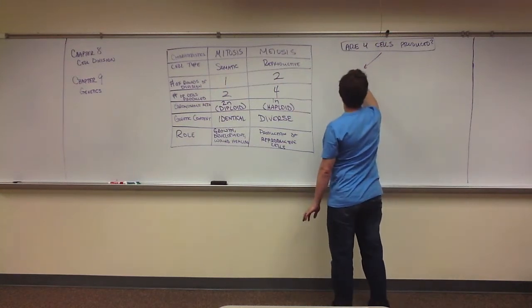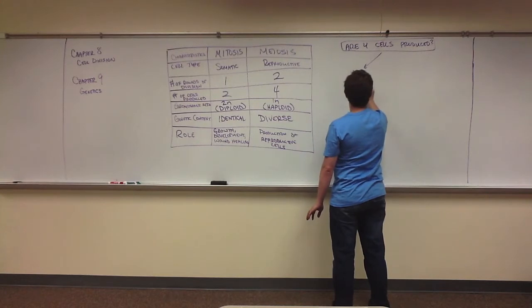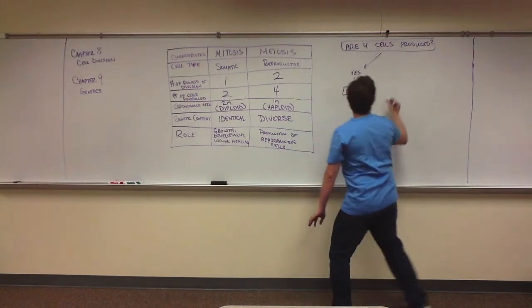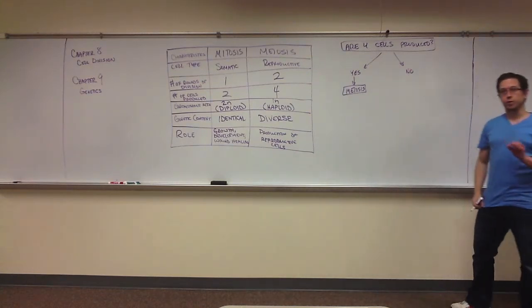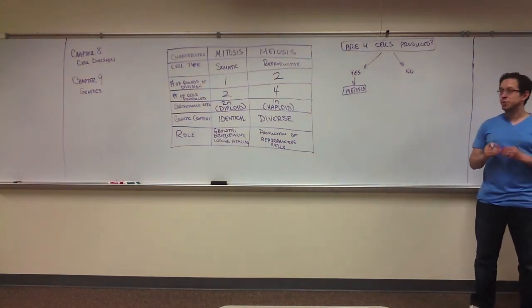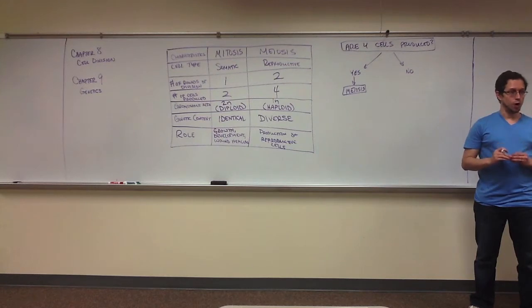If the answer is yes, you're dealing with meiosis. If the answer is no, you can't immediately say that you're dealing with mitosis, because you might just be in meiosis 1.